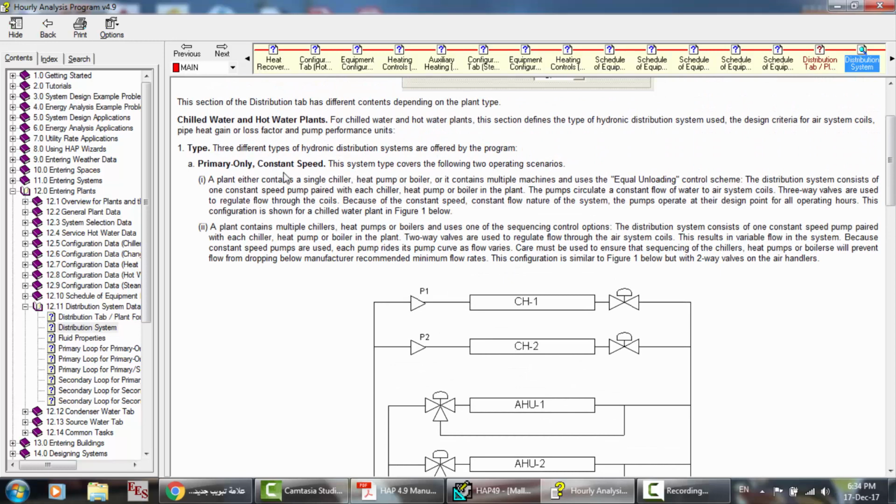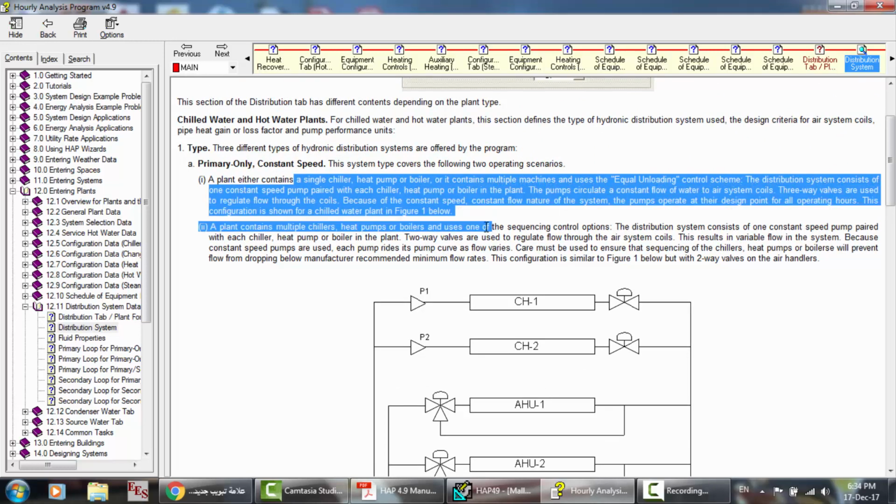So it contains a single chiller, heat pump, or boiler, or it contains multiple machines, and it uses equal unloading control schemes. The distribution system consists of one constant speed pump, okay, paired with each chiller, heat pump, or boiler in the plant.